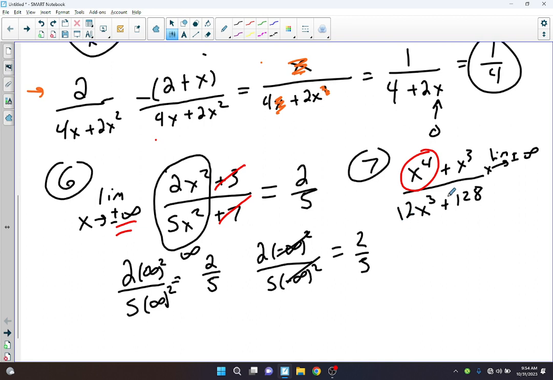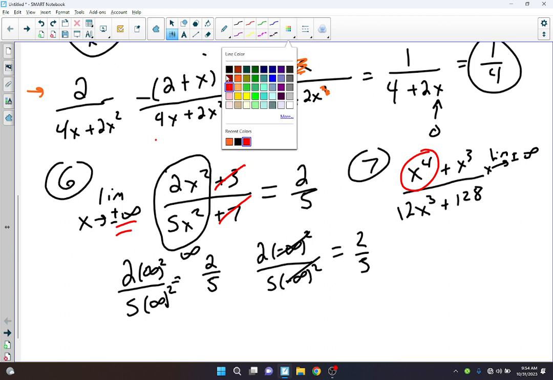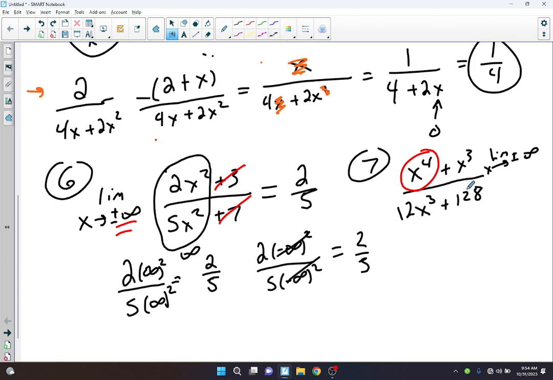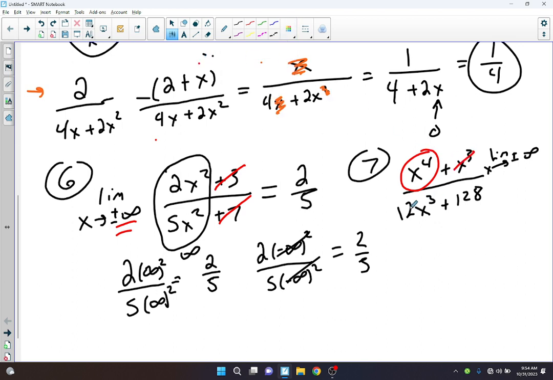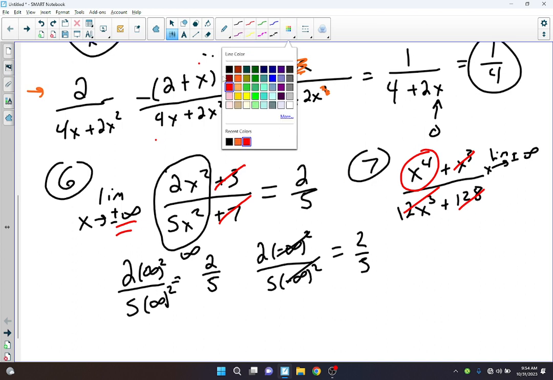X to the 4th is the biggest by far, so it's the only one that matters. Because when we're going to infinity, billions, trillions, quadrillions, these start getting faded out, okay? So the only thing we care about is x to the 4th, right?